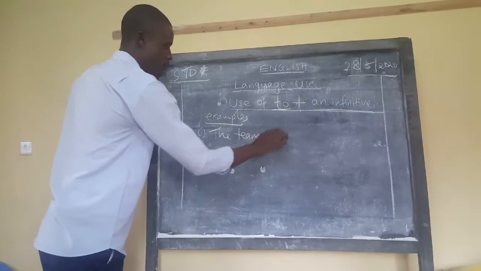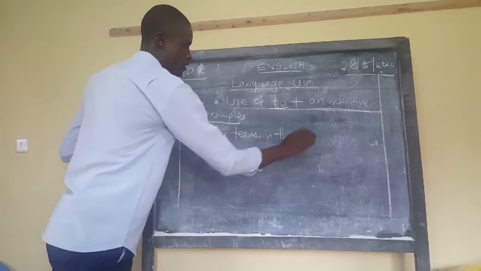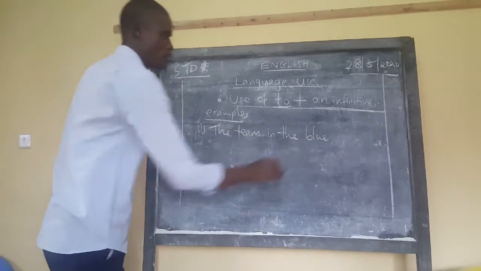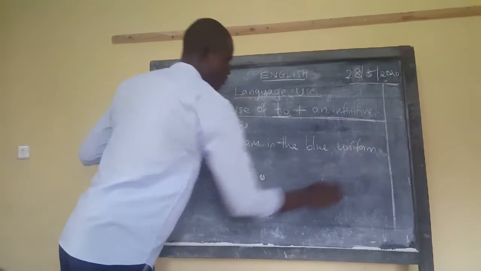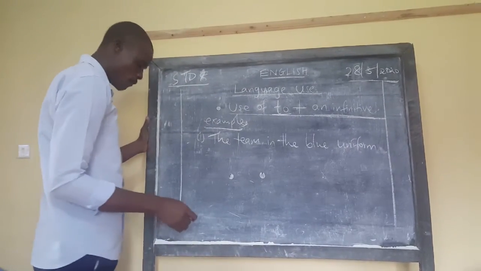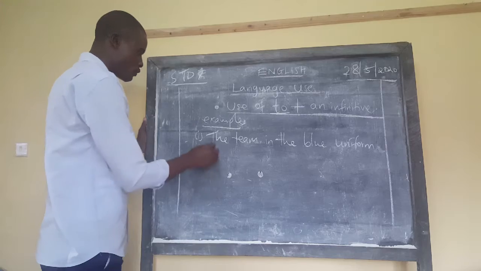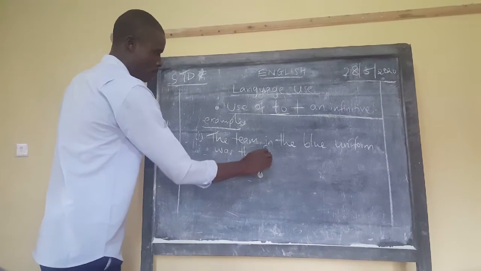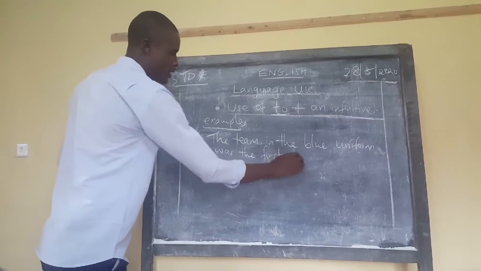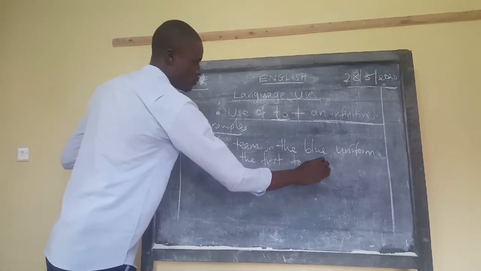The team in the blue uniform. The team in the blue uniform was the first to score. Was the first to score.